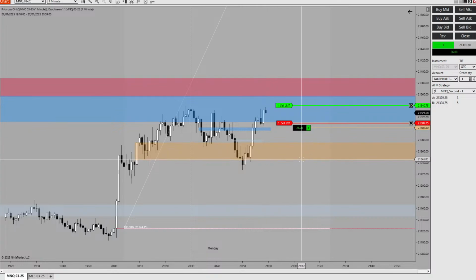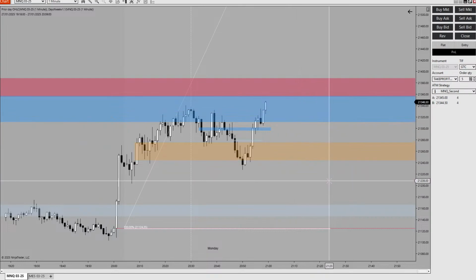Now shoot up here. Target filled. So that's price delivery on both sides.